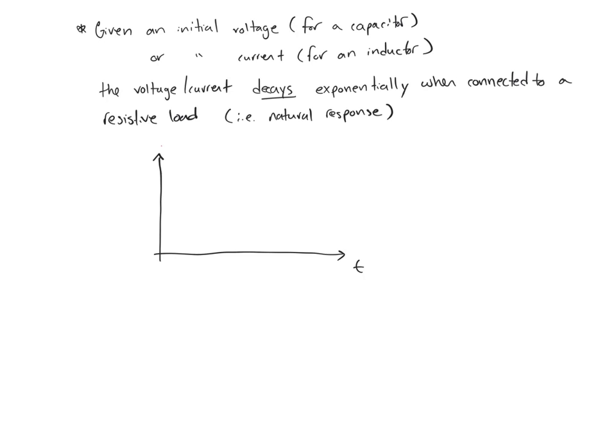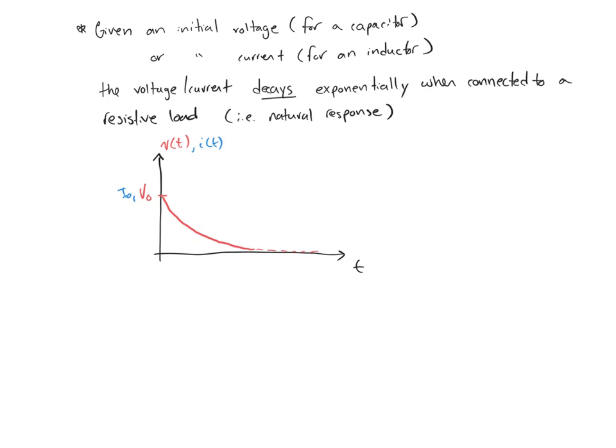So if we look at v as a function of time, initialized at v sub 0, it will decay towards 0 at which point all of the energy that was initially stored in the capacitor has been dissipated by the resistor. And for the case of the inductor, that will just be I naught, and we'll be plotting I as a function of time instead.